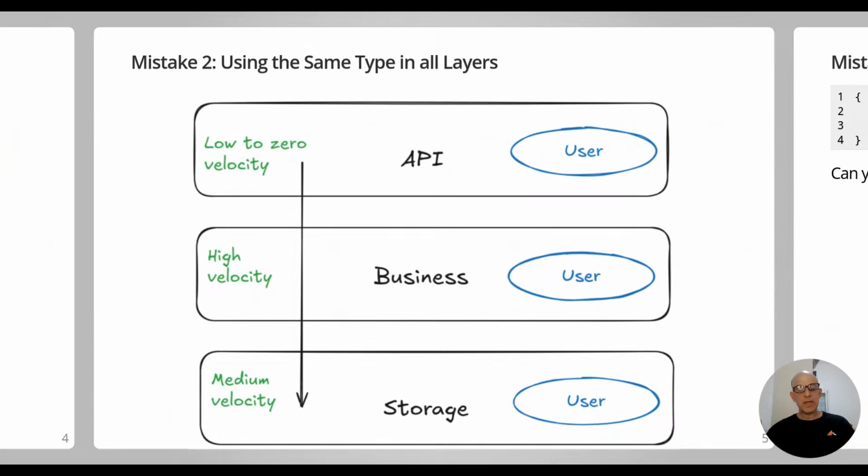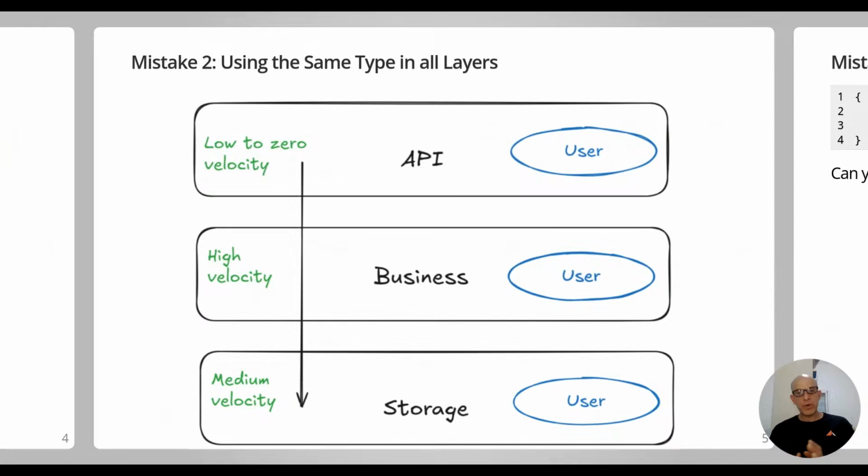And if you keep the same user structure throughout these layers, there's going to be some tension between the business layer wanting to change and add things, and the API layer wanting to keep it really, really simple and the same. So I recommend having one type of user per each layer.